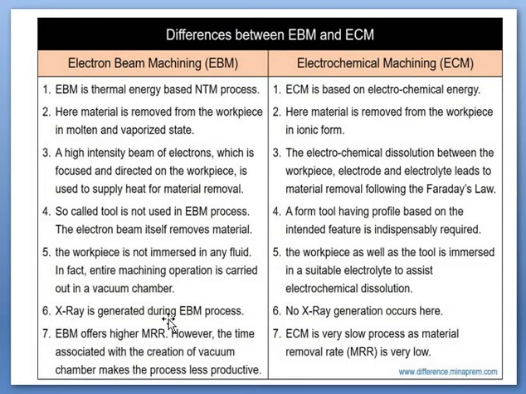X-rays may be generated during the EBM process. There will be no production of X-rays in the case of ECM. The last point of comparison: the electron beam machining process offers a higher material removal rate, whereas the material removal rate in electrochemical machining is very low as compared to electron beam machining.